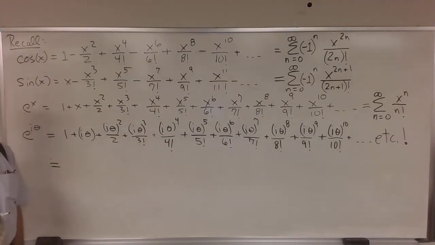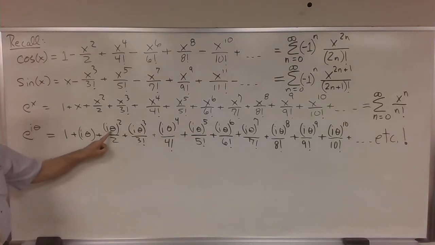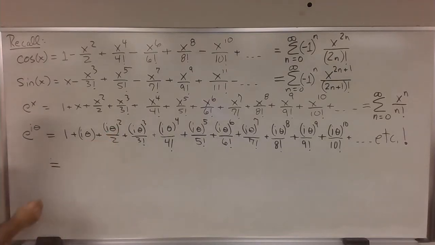Now we do have this property of exponents that says that if we have a product raised to a power, that's the same as raising each factor individually to that power.